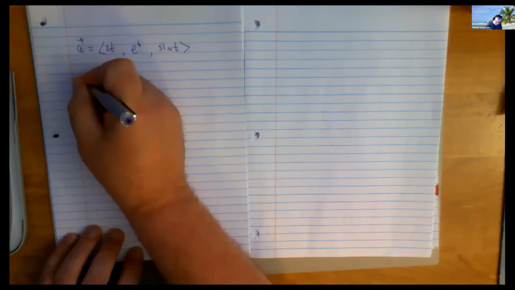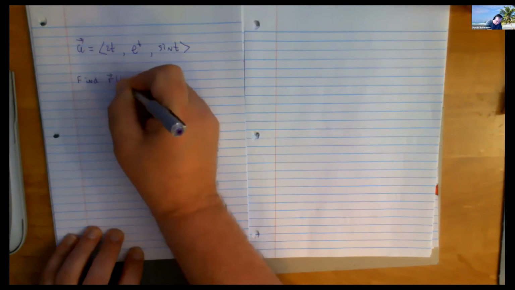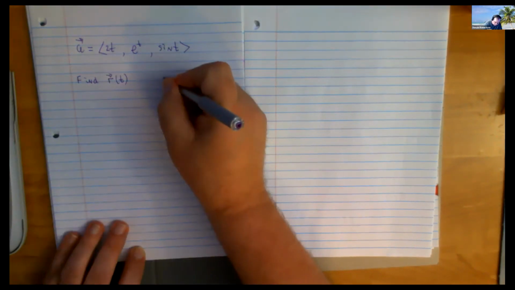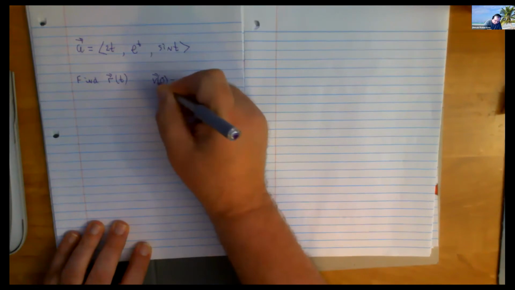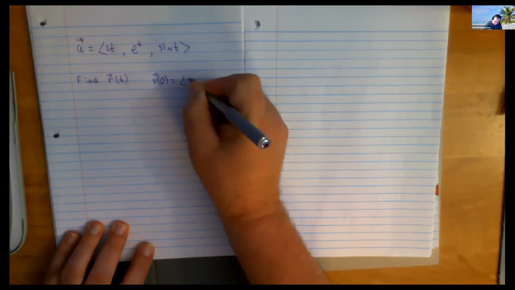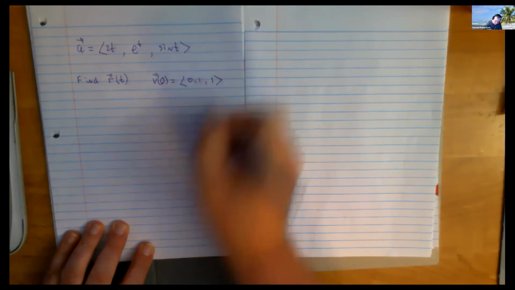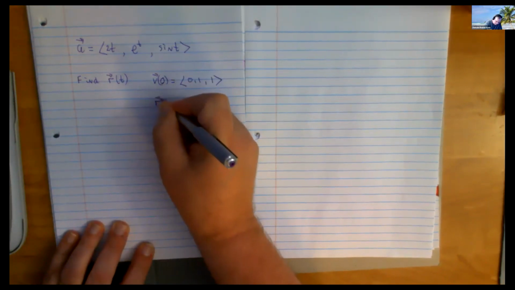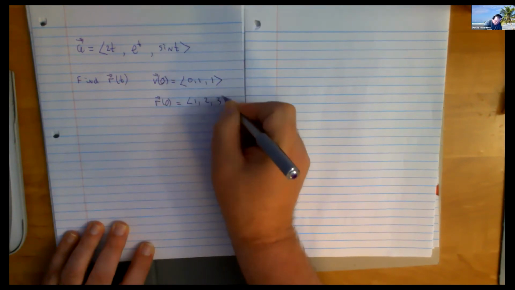And I'm being asked to find what the space curve is, being told that the velocity vector at 0 is 0, 1, 1, and that the position at 0 is 1, 2, 3.